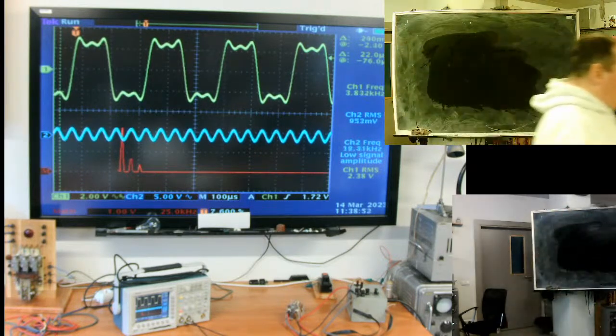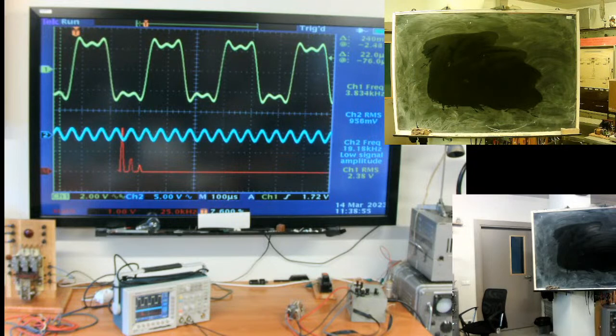But we can go further. This is still, let's say, in circuit theory. I can bring another network here.